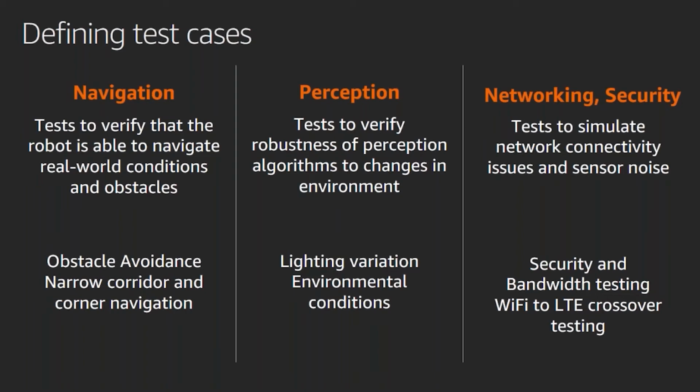An example is switching from Wi-Fi to LTE. What happens during that crossover? Is there latency? How long does it take? When it switches over, are you losing any data as part of that, or is it able to handle it? You want to make sure you're testing those kinds of scenarios for your robot applications.